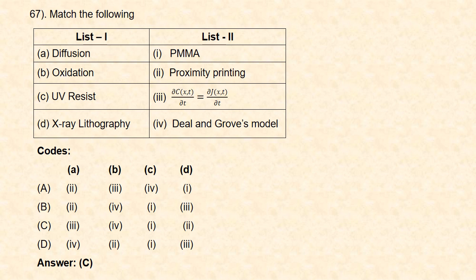It is related to PMMA, that is polymethyl methacrylate. It is a synthetic resin produced from the polymerization of methyl methacrylate. Next, X-ray lithography. It is related to proximity printing because it is another type of optical lithography. So option C is the correct answer.